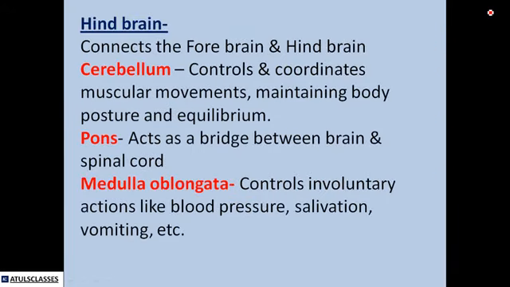Then there is the hindbrain, which connects the forebrain. It has three parts: the cerebellum, which controls and coordinates muscular movement and maintains body posture. When we are walking in a straight line or riding a bicycle, we don't fall. It's all because of the cerebellum.